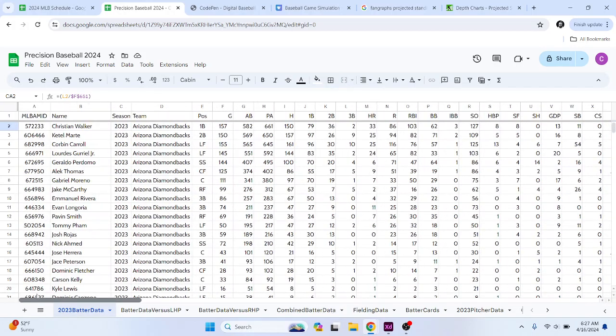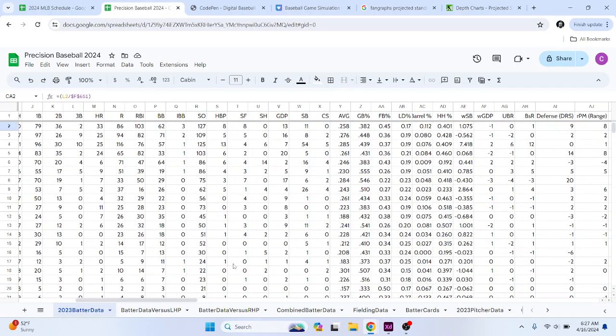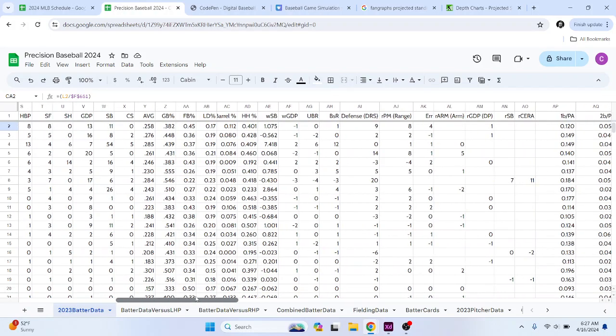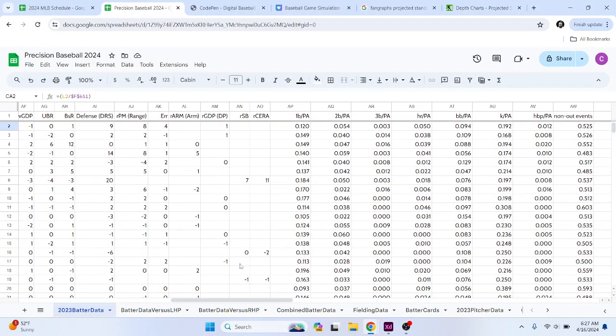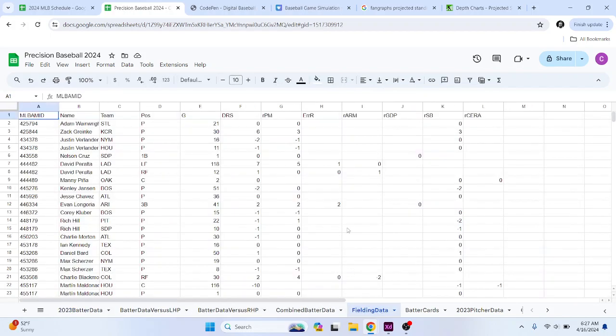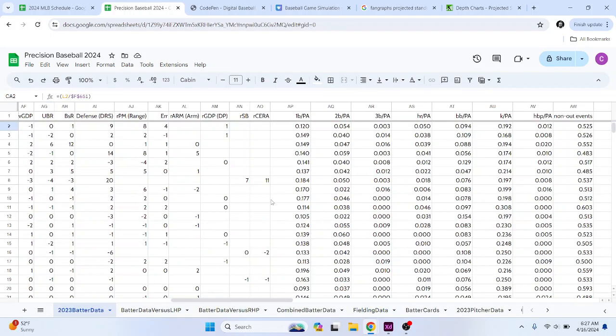This is my spreadsheet I use. So I have all of their baseline stats here and a few extras: ground ball percentage, barrel percentage, hard hits. And this is base running, and this is all their defensive statistics here. So I'm just pulling those in from this fielding data that I used.